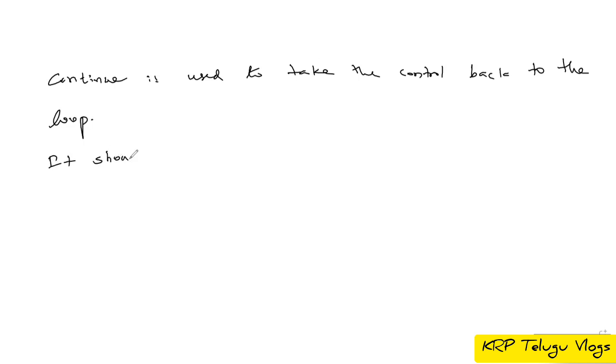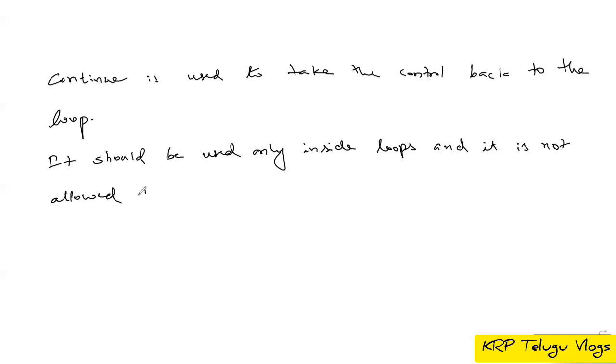It should be used only inside loops, and it is not allowed to use outside the loops. Clear? So continue should be used only inside loops. It is not allowed to use anywhere outside the loops.